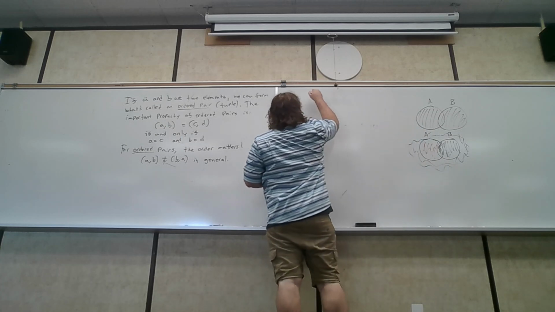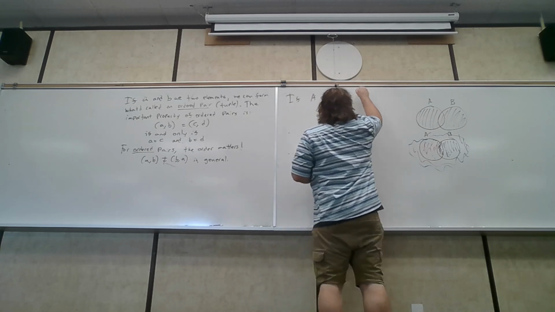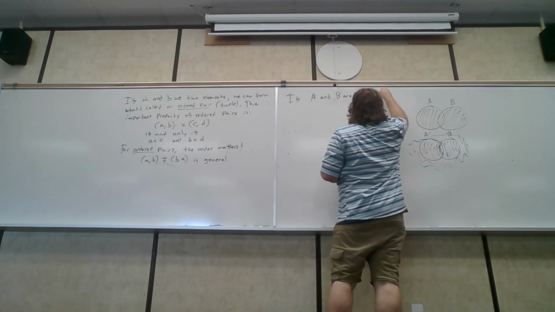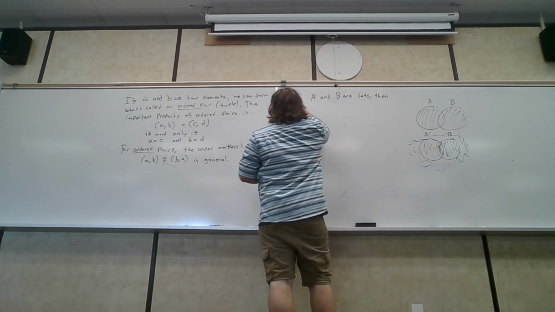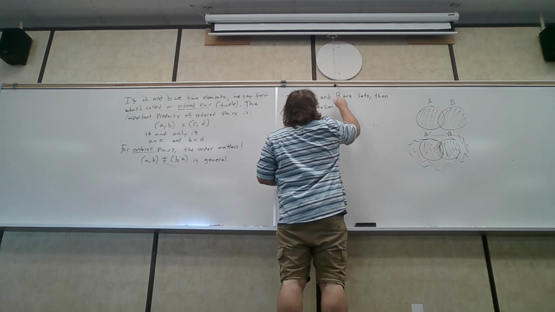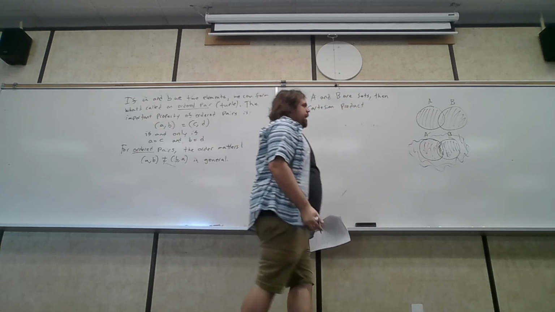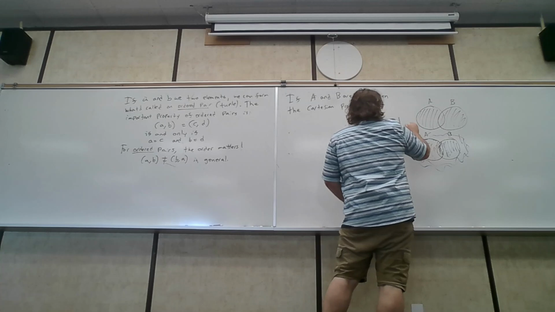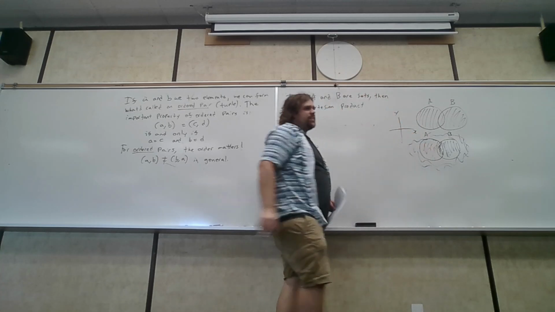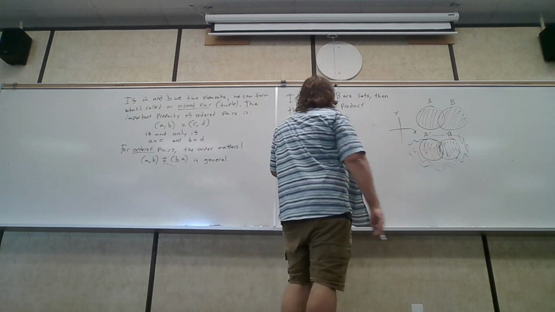So if A and B are sets, then the Cartesian product, which is just a big math word, Cartesian means the plane. Where this is your x-axis, that's your y-axis, that's Cartesian, right? The Cartesian plane is that thing.